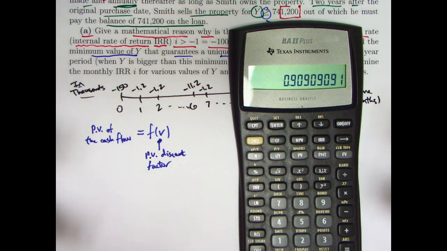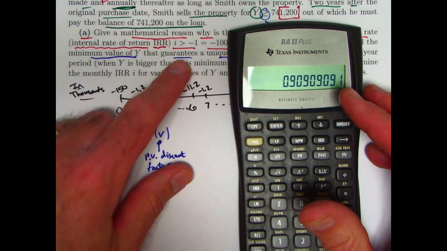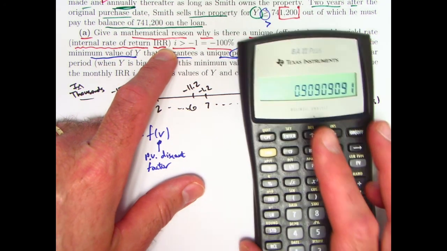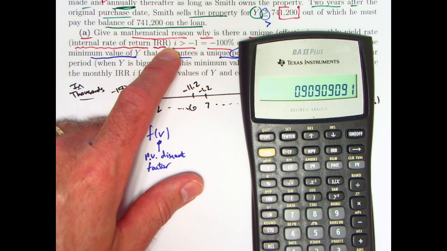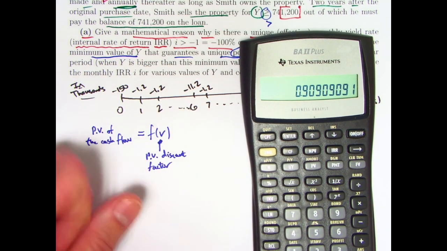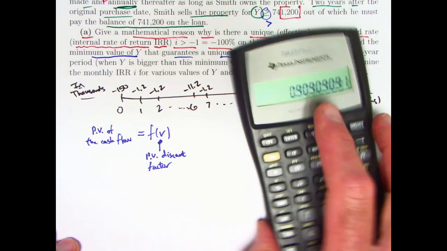So if the going interest rate on investments is 10% per year, the interest rate I, that's analogous to this IRR, would be 0.1, say, then the corresponding V would be 0.90 repeating, about 90.9%. Okay?